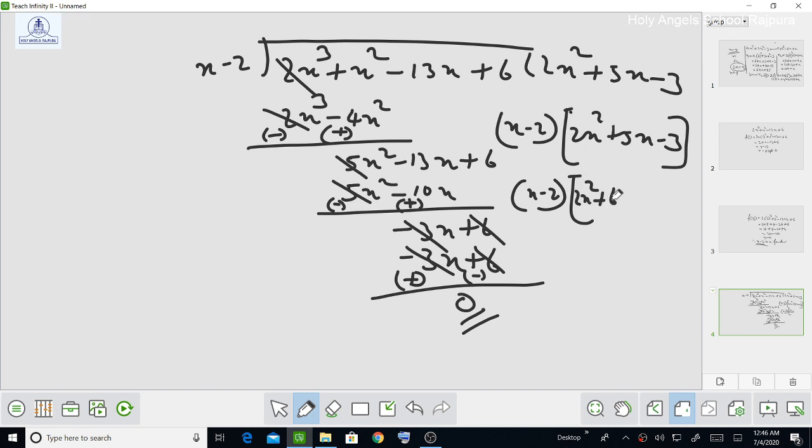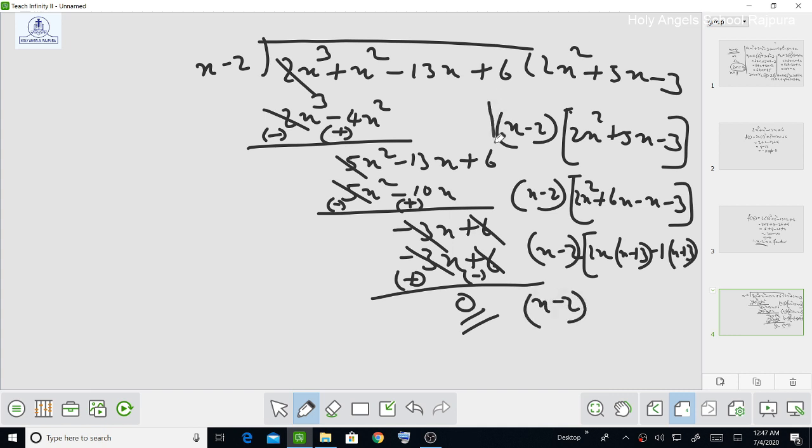plus 6x minus x minus 3, that is x minus 2 into 2x is common, 2x into x plus 3 minus 1 into x plus 3, that is x minus 2 into 2x minus 1 into x plus 3.